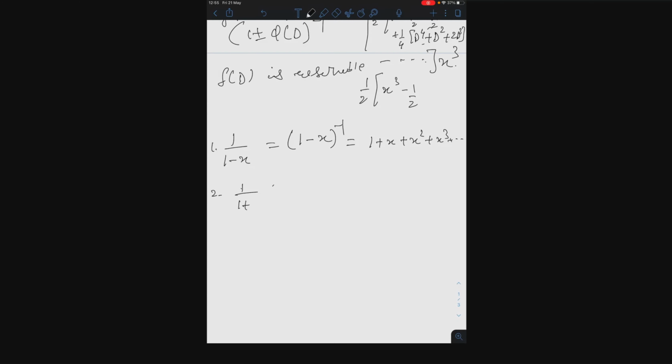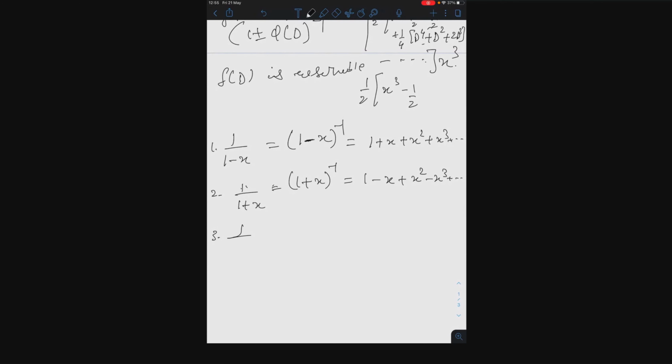And 1 by 1 plus x will be 1 plus x whole inverse, which is 1 minus x plus x square minus x cube and so on. So you compare both. When you have a minus sign between 1 and x, in the expansion you will have all positive terms. When you have plus x, you will have alternate positive and negative terms.